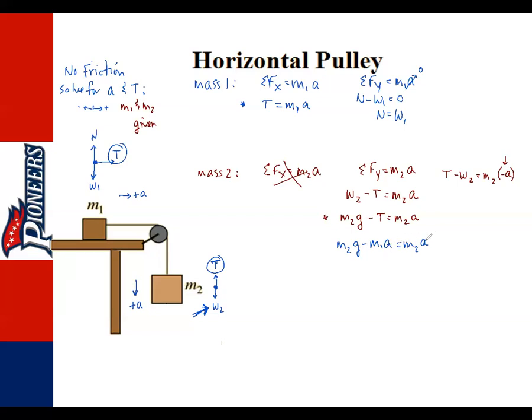Because there's an A here and an A here, and A is one of my unknowns, I'm going to get all the A's on the same side. So M1A on the right-hand side plus M2A.